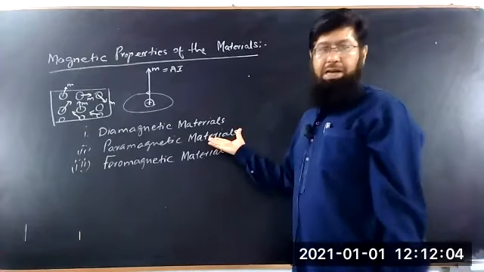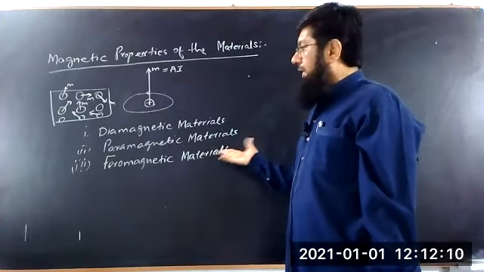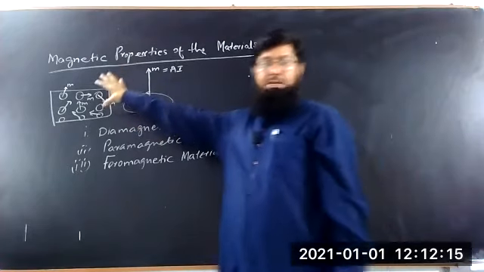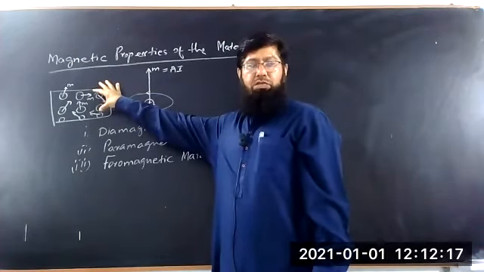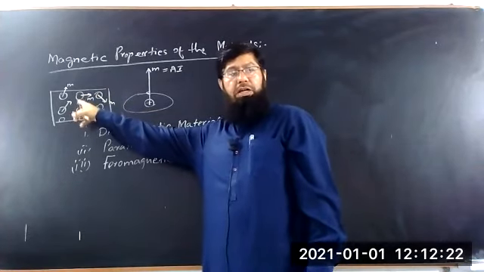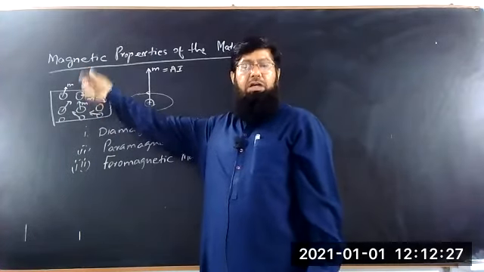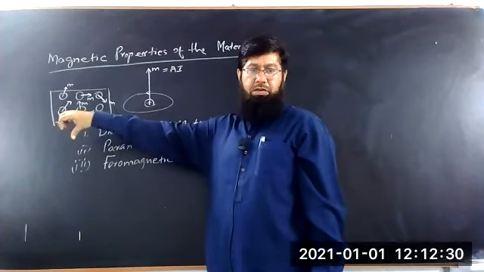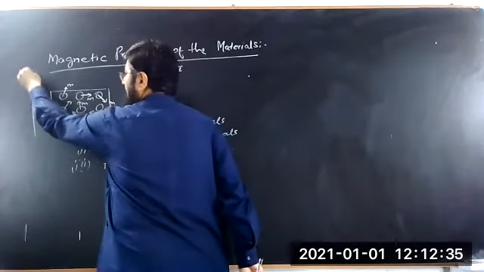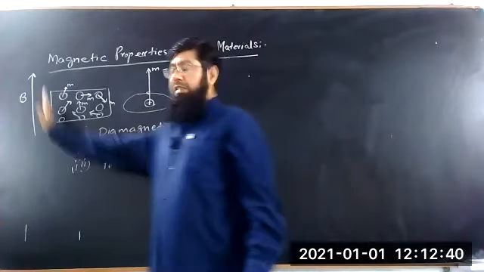So what is a diamagnetic material, a paramagnetic material, or a ferromagnetic material? If a material is placed in a magnetic field, the dipole moment of each atom is aligned in the direction of the magnetic field or opposite to it. Say this material is placed in the external magnetic field B, which is in this direction.